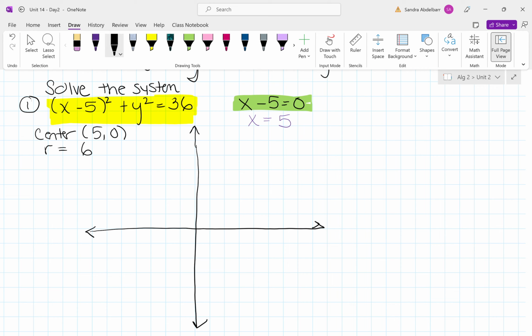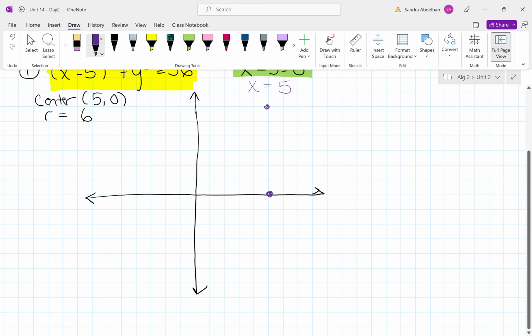Now I'm going to plot my center point, which is the point 5, 0. From there I'm going to get other points from the radius. I'll go 6 up: 1, 2, 3, 4, 5, 6. 6 down: 1, 2, 3, 4, 5, 6. 6 to the left: 1, 2, 3, 4, 5, 6.